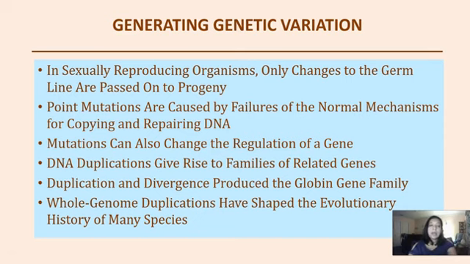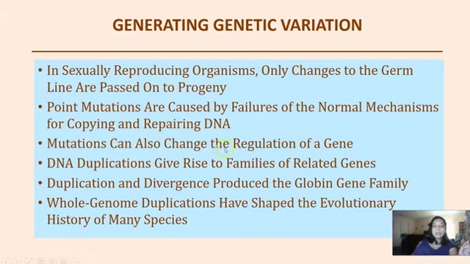You can also have DNA duplications because of issues with crossover, for example, that can give rise to families of related genes through multiple rounds of duplication and subsequent divergence of the sequence, which can produce these really variable alleles or genes that are all part of the same family, and that can give rise to new phenotypes over time.